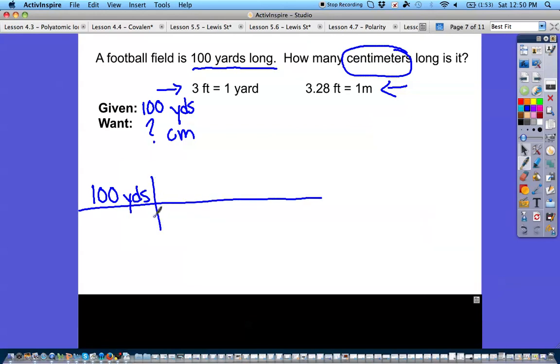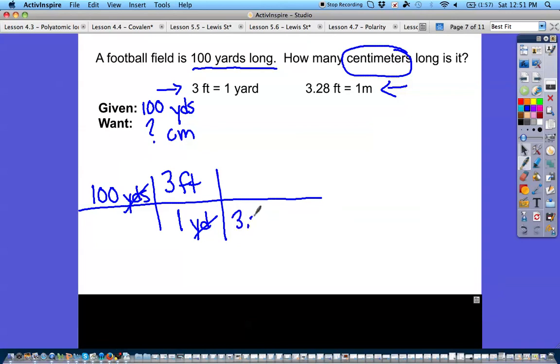Then I can convert from yards to feet. So I'm going to put yards on the bottom. So 1 yard goes here. 3 feet is going to go on top. That's going to cancel out the yards. Well, I don't want feet, I want centimeters. So I'm going to convert from feet to meters, my second linking unit.